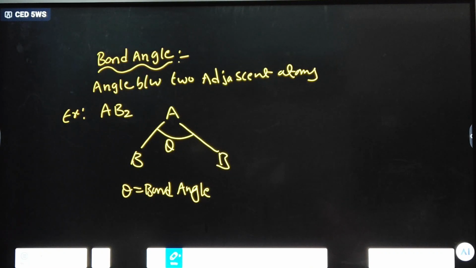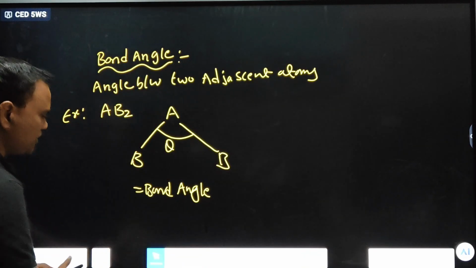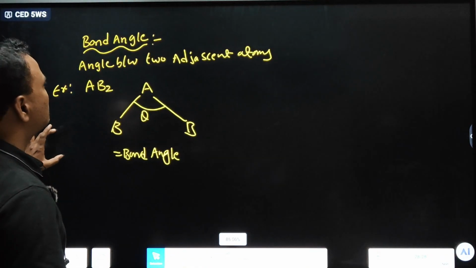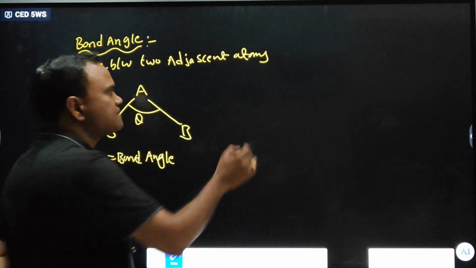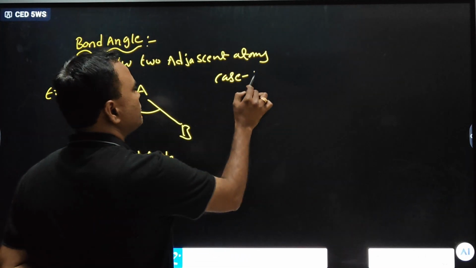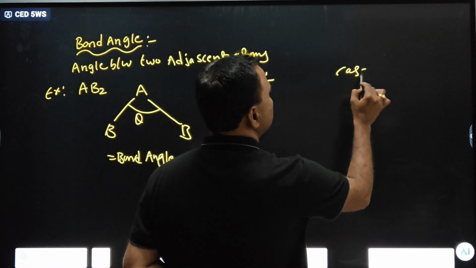Tell me, how does bond angle depend on the electronegativity? Any idea? According to chemical bonding, under bond parameters, we did this. Any idea, Adiba? Bond angle: we have two cases.